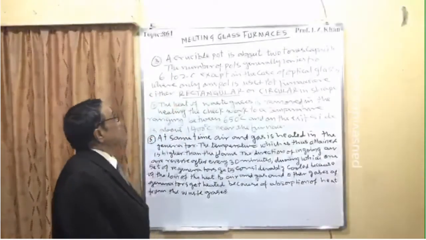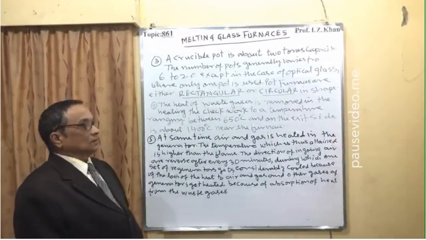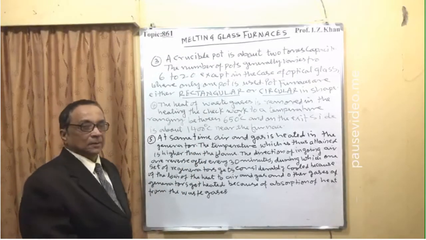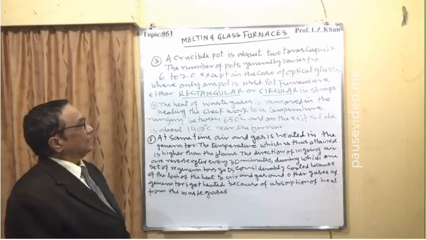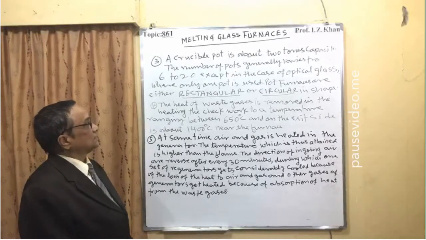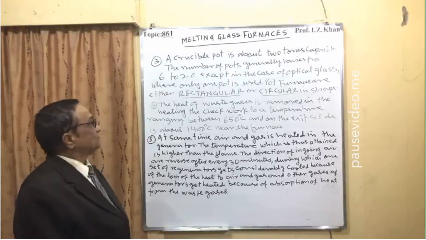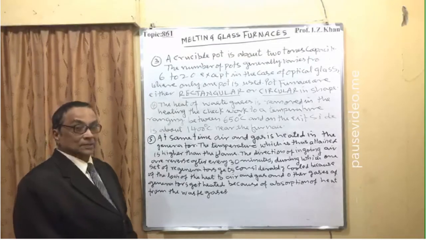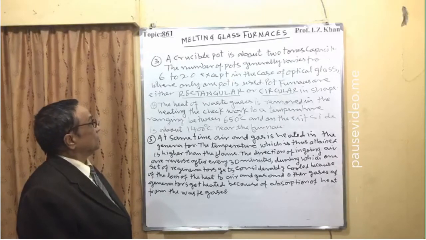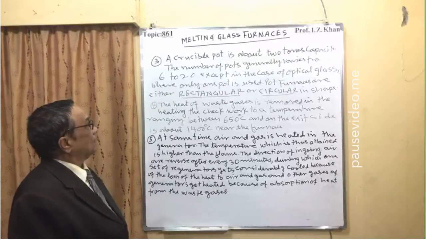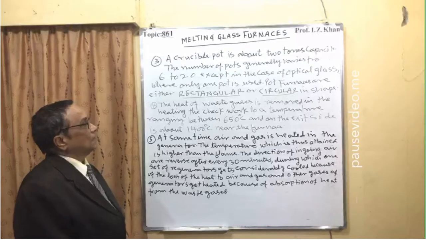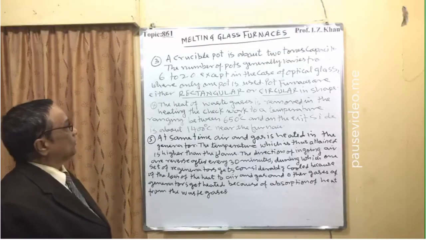So number 3, the crucible pot, that is what is shown in that pot furnace, the crucible made up of alumina and silica clay. The number of pots generally varies from 6 to 20, except in the case of optical glass, where only one pot is used.